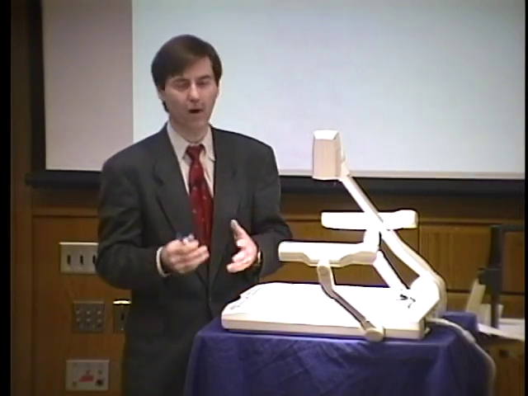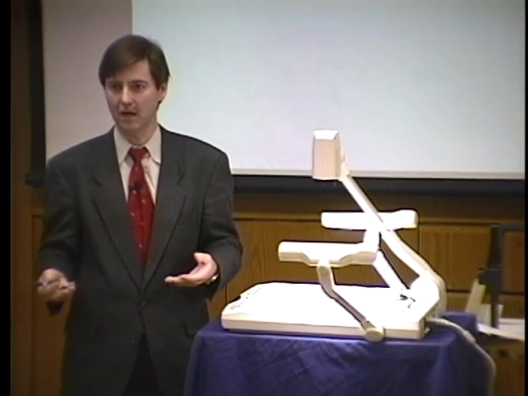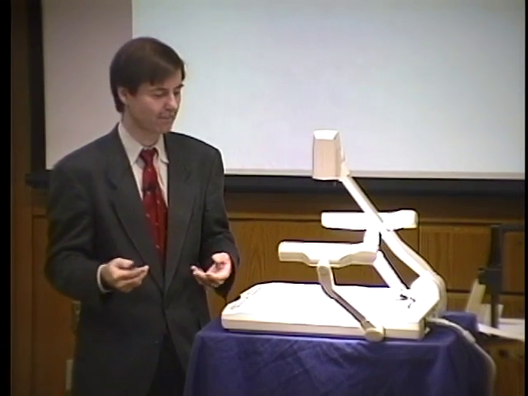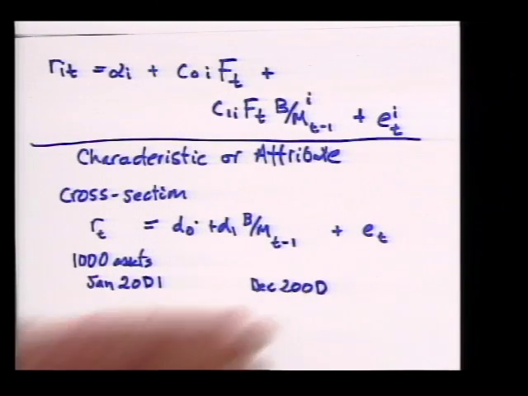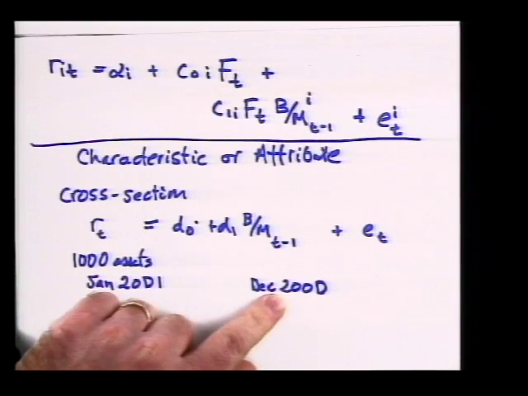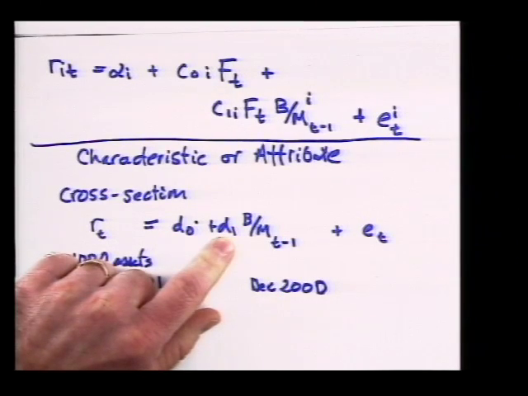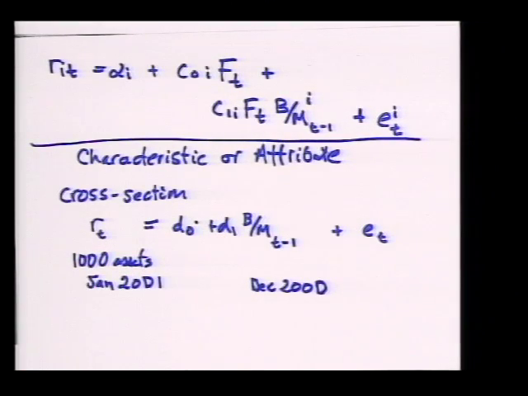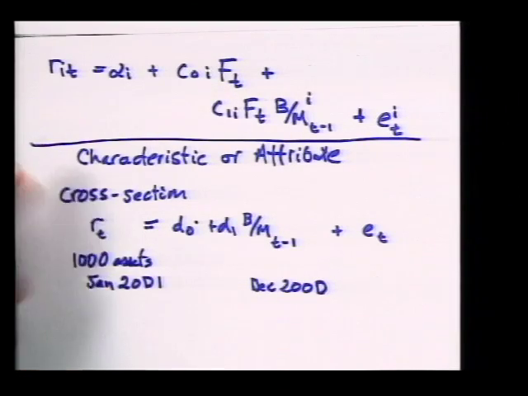Now, a practical problem here, and this model is not based upon any theory, it's a statistical model. A practical problem is that people have noticed that when you run this regression, let's say for January against December's data, and you estimate the D0 and the D1, and then let's say you step back a month and try to estimate it on December 2000 against November 2000.